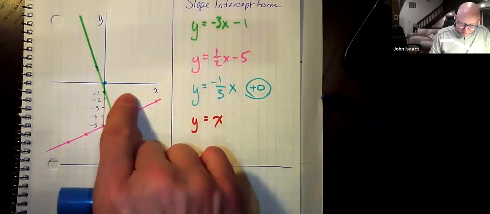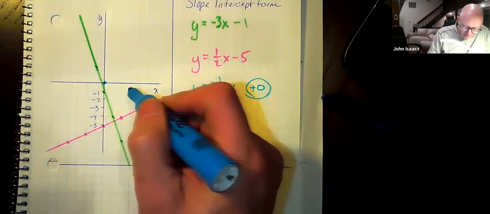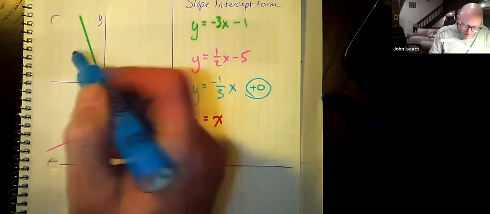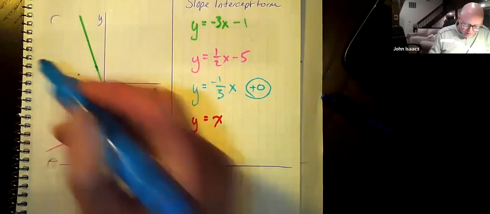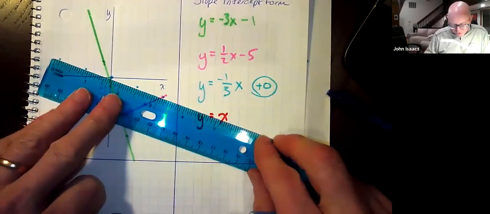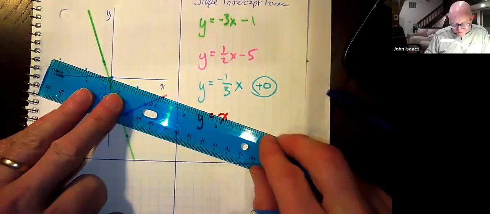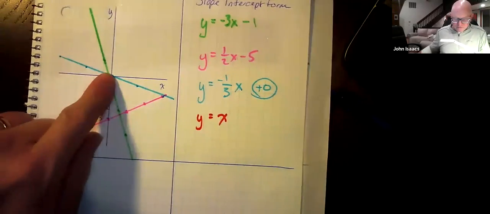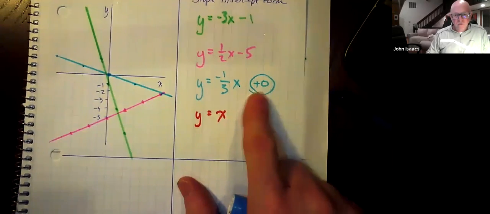So down 1 and over 3, or back 3 and up 1. And again, we can take our ruler out and draw a nice line through the origin, right? It's not going to show that y-intercept.